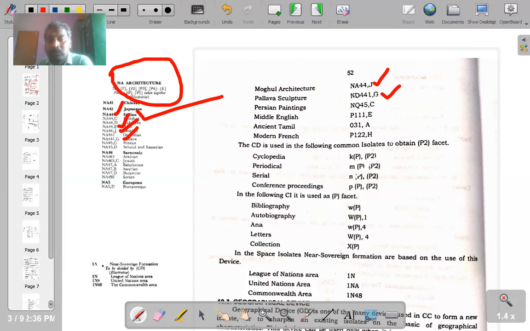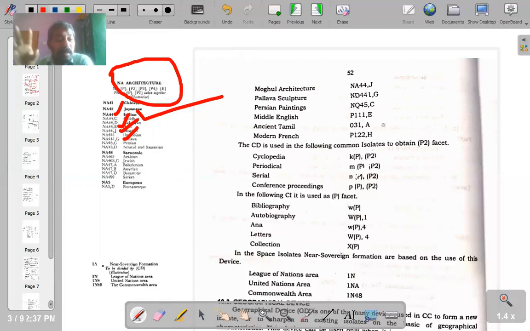This J, this G, this Persian painting C, Middle English E, Ancient Tamil A, Modern French H. Where have all these things come from? See, all these numbers are taken from time isolates. All these capital letters denote different time periods. If you go and see the time isolate, you will understand better. J, G, C, all these things denote a particular period.